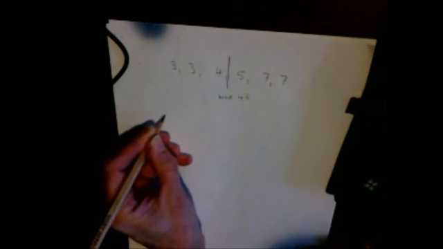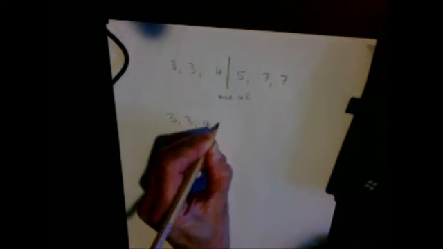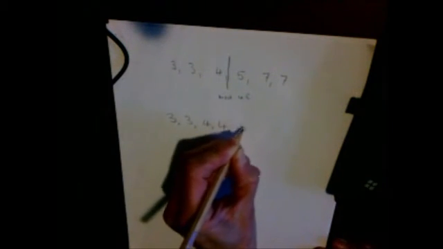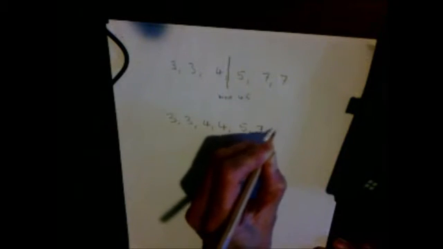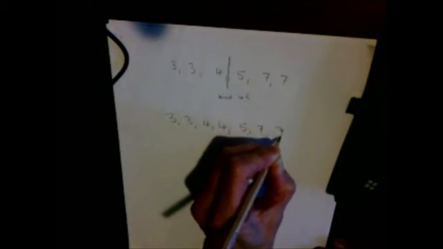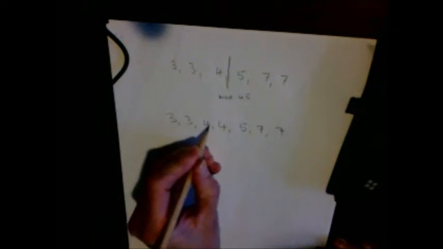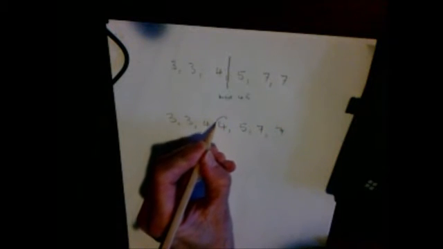Now it would have been much easier if I'd had, say, 3, 3, 4, 4, 5, 7, 7. Okay, now I have 7 data points, 1, 2, 3, 4, 5, 6, 7, and the median is the 4.